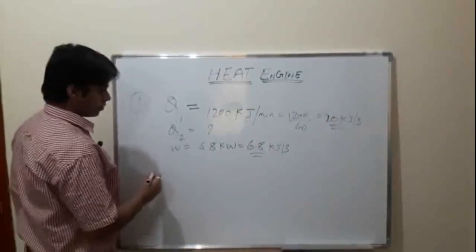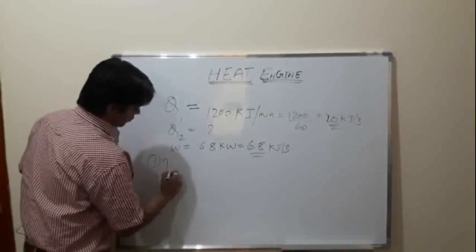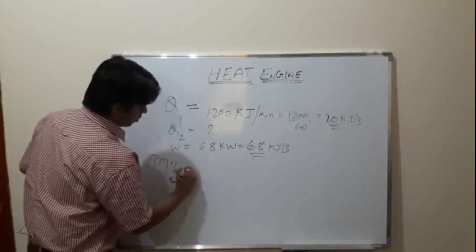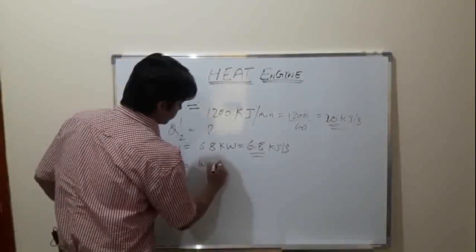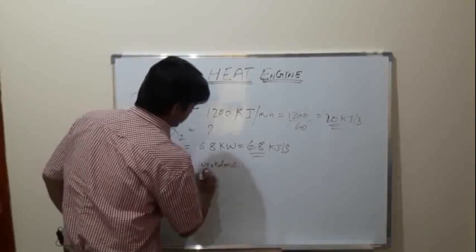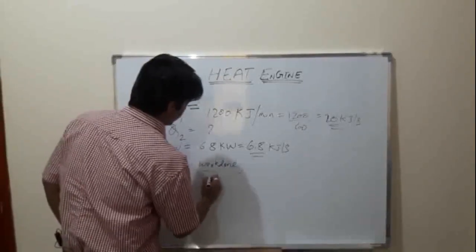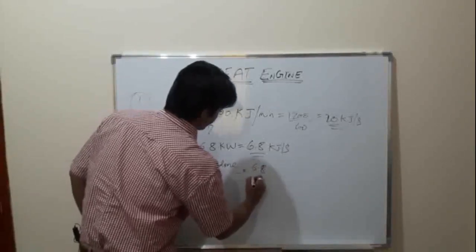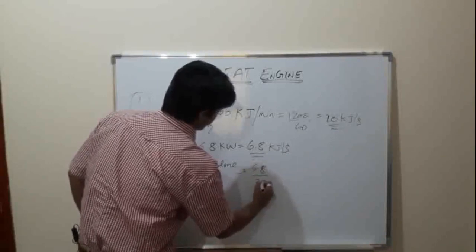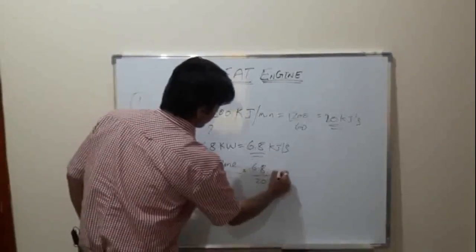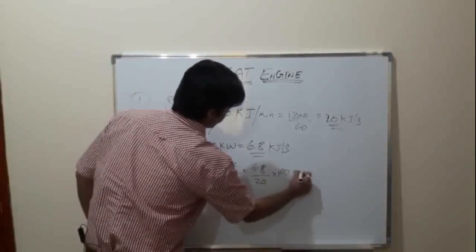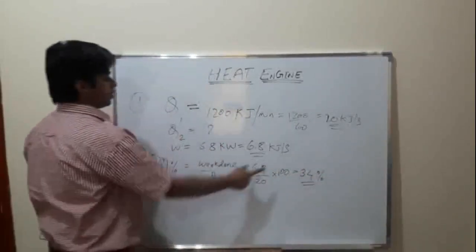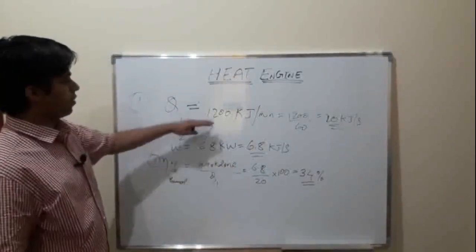So we will first find the thermal efficiency in percentage, that is equal to work done divided by heat supplied Q1, that is 6.8 divided by 20, into 100, which gives you 34%. This is the thermal efficiency of the given heat engine.